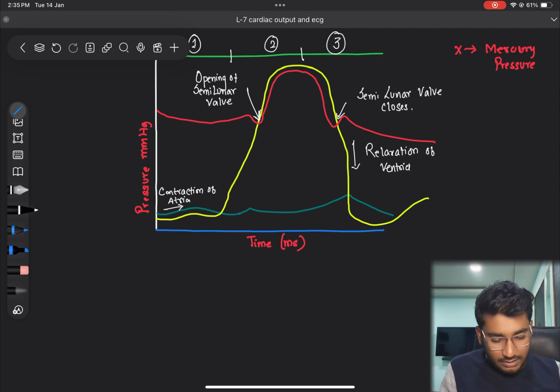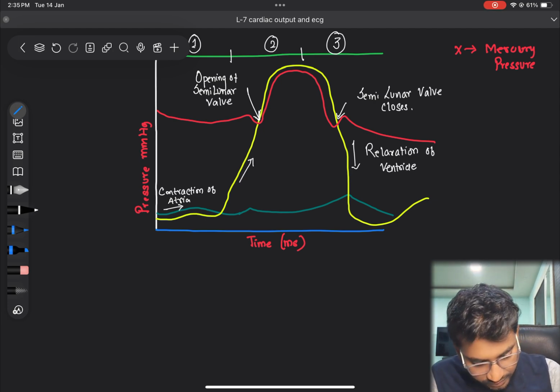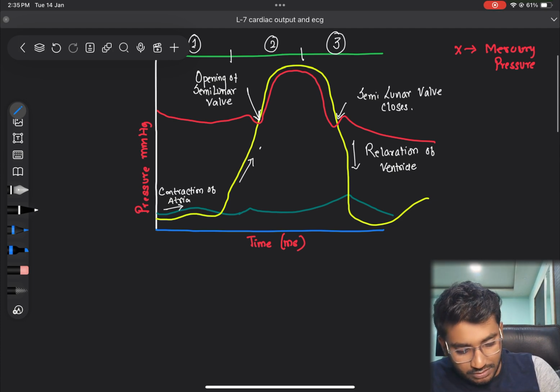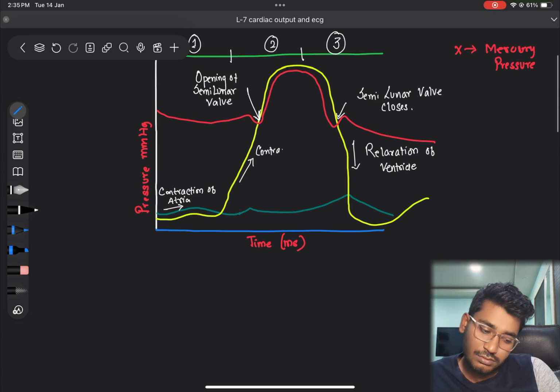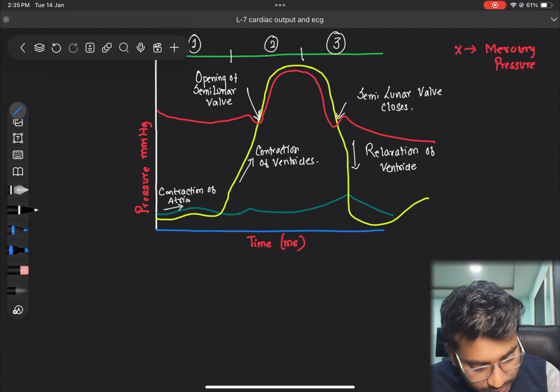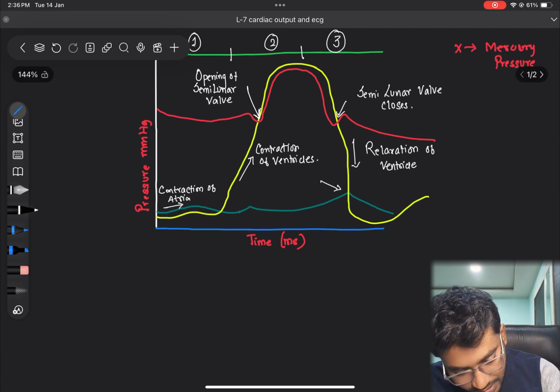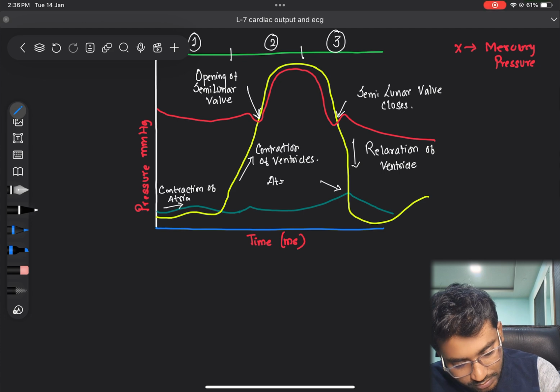Relaxation of ventricle. Now here is the contraction of the ventricles. Okay. Now here you can say the atrioventricular valves open.